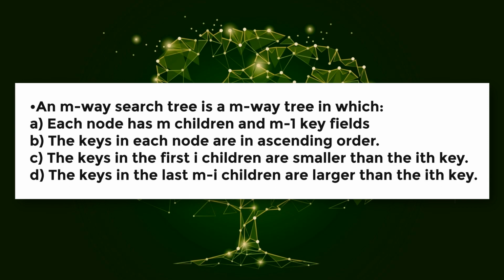When we fix any element, any data inside a hierarchical structure like a tree, we should insert the nodes in an ascending way. In that way data storage will be managed properly. Next point: the keys in the first i children are smaller than the ith key.